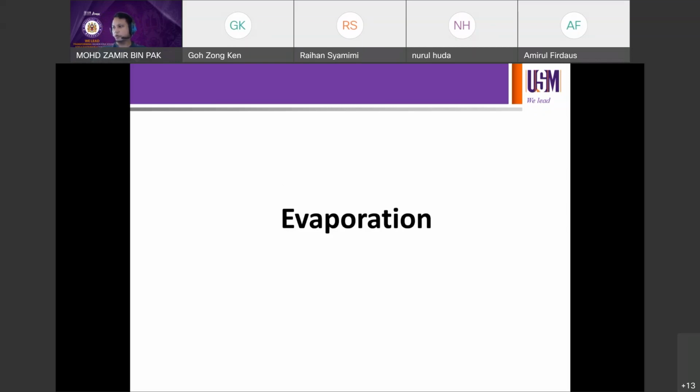In PVD we have evaporation and sputtering. Evaporation can be divided into thermal evaporation and electron beam evaporation. Sputtering can be divided into DC sputtering, direct current sputtering, and RF sputtering, radio frequency sputtering. So let's go through evaporation first.